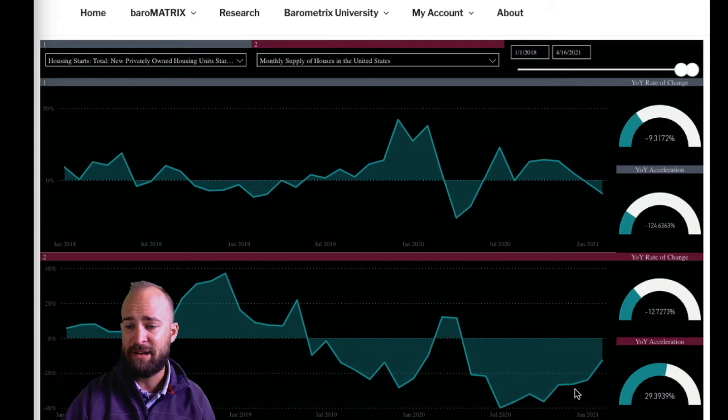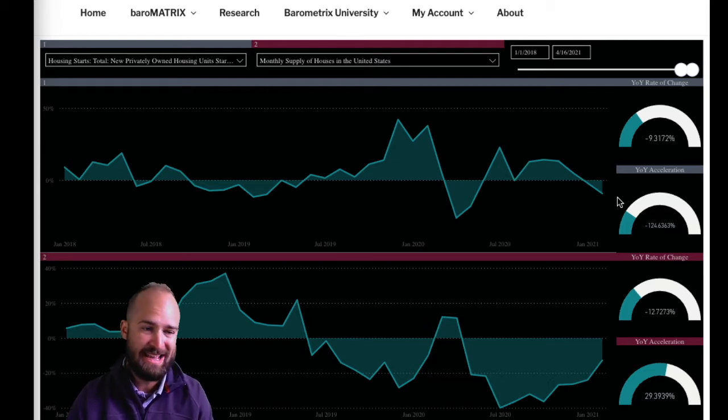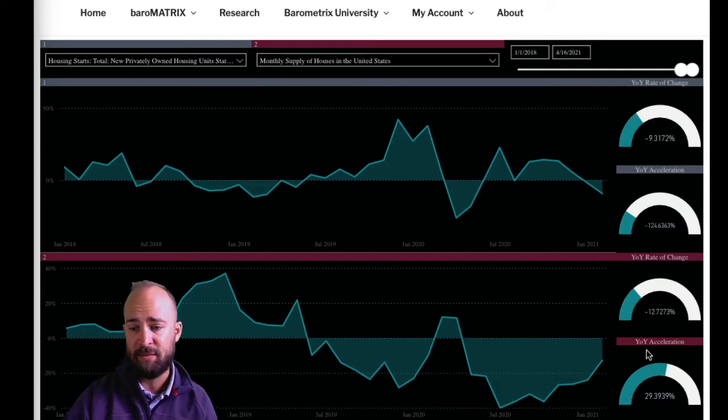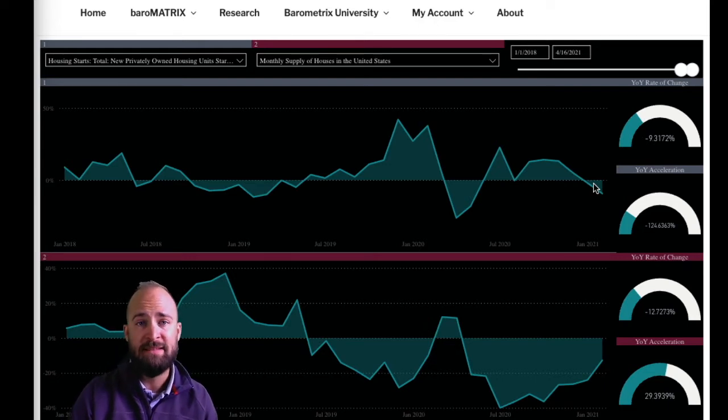Supply has been on the rise recently, while demand has been in decline over the last couple months. We actually have more data coming out today, so I'll be interested to see how that affects these charts. But basically, we're seeing supply, again here on the bottom, catching up with demand.